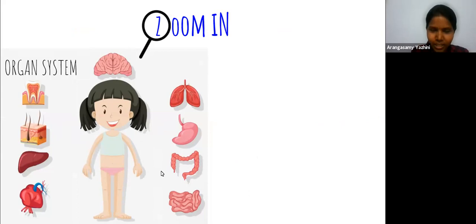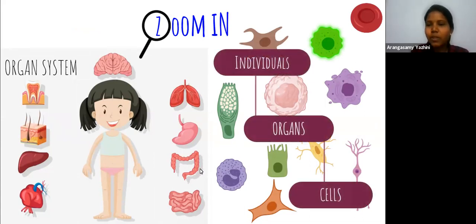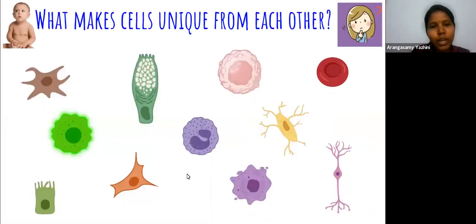When you zoom in further, you see that each organ is made up of cells. So even the human body has a hierarchical system. The individual is made up of organs, and when you zoom in further into the organs, you see the cells. Now, I'm showing different colorful pictures, and they are all different cells corresponding to different tissues and organs. We have eyes, hands, mouth, hair, and so on.